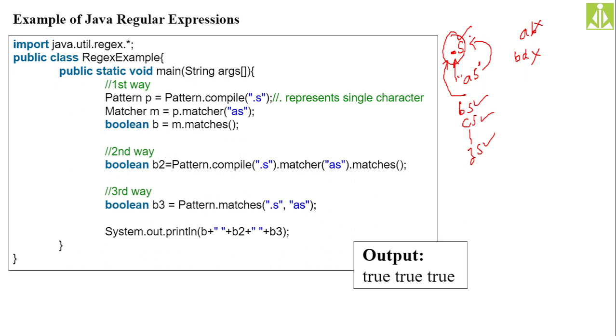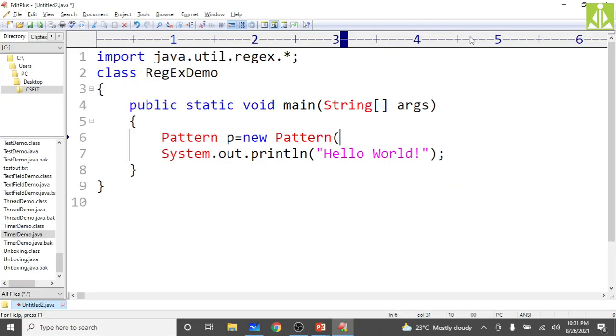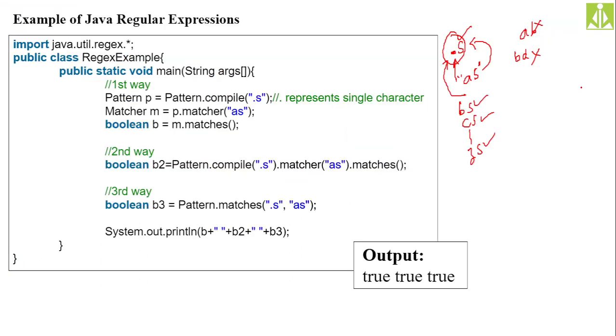Okay, so now I will perform the matching. That regular expression I am keeping over here, dot s. This is my regular expression. After that, I am creating the string, and I am calling the matcher method.